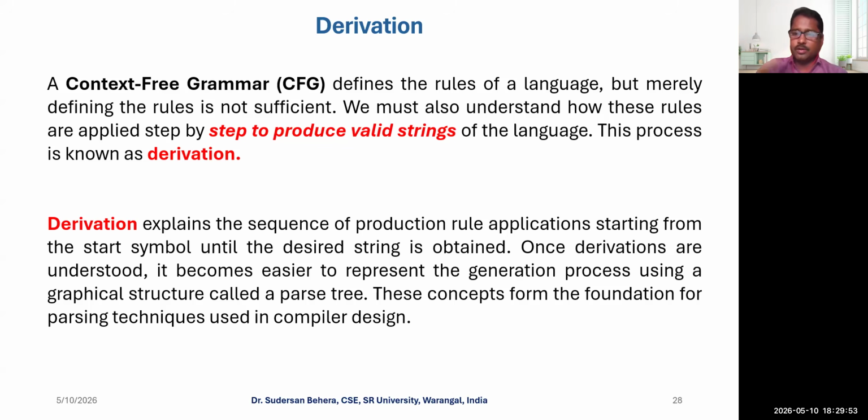Once you get the path, yes, this is the path. If you want to go to Delhi from Warangal, how can you go? You can go by bus, you can go by flight, or you can go by some other vehicle or transportation system. Once you get your path, you can reach easily. Then you just draw the path. That process of drawing is called understanding the generation process, understanding the transportation, understanding the route.